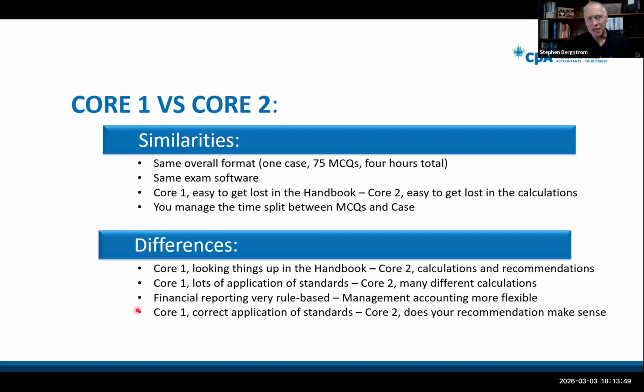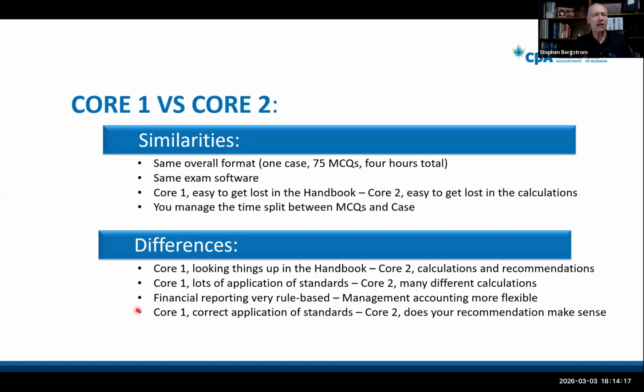One thing to bear in mind with Core 1, there's very much, have you applied the standard correctly? And we all know there's some flexibility, there's some professional judgment involved in the standards. In Core 2, a lot of the emphasis is, does your recommendation make sense? So it's not always about getting the perfect calculation.